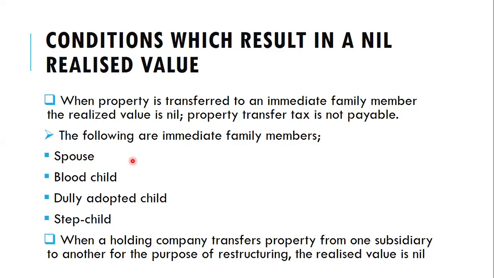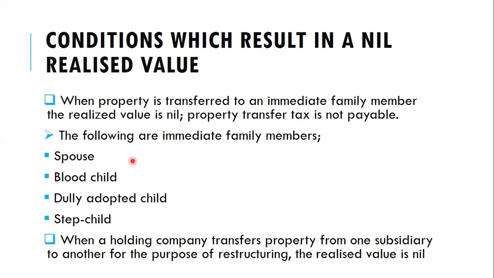But if you see an instance where Mr. A gifted his girlfriend a house, then that has got a realized value of that particular amount according to how it's going to be agreed. So when property is transferred to an immediate family member, there's no realized value. Hence, no property transfer tax is paid.